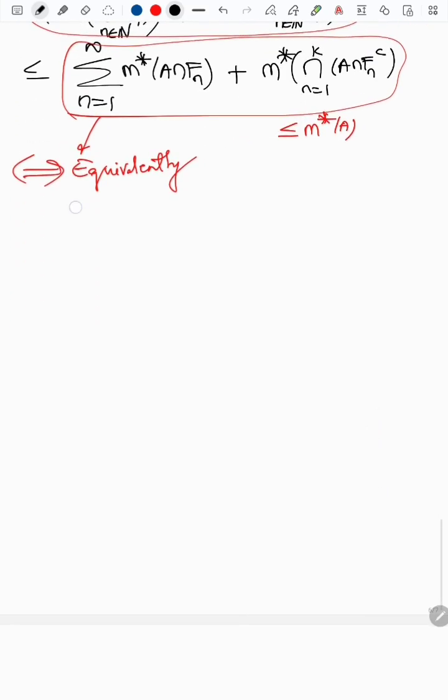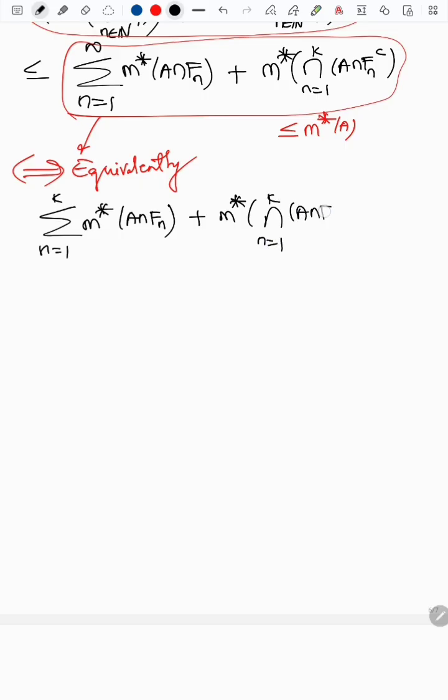Equivalently, we need m star of the union n from 1 to k of A intersection with Fn, plus m star of A intersection with the complement of the union n from 1 to k of Fn, which is less than m star of A.